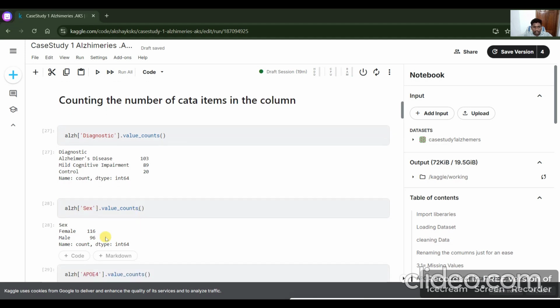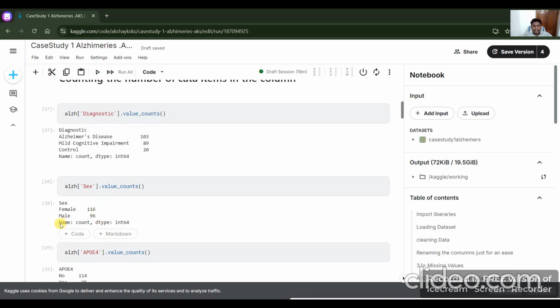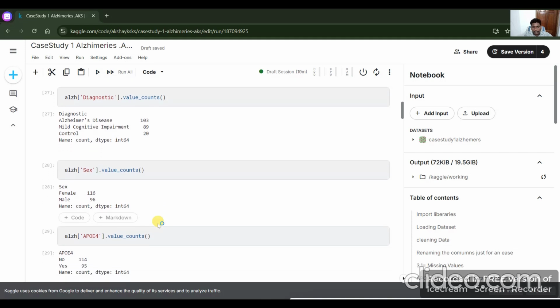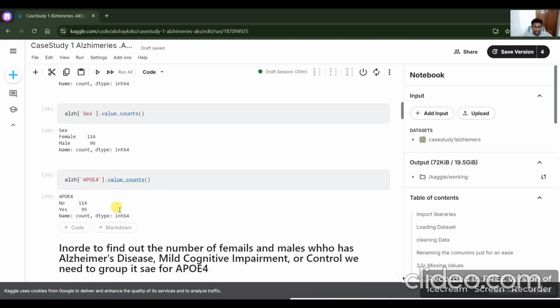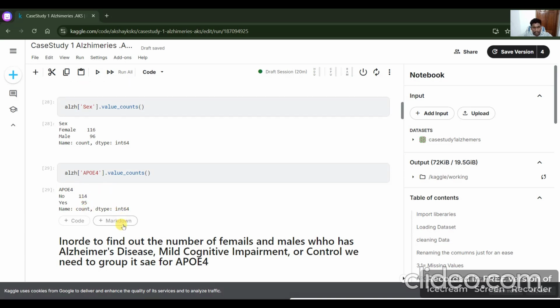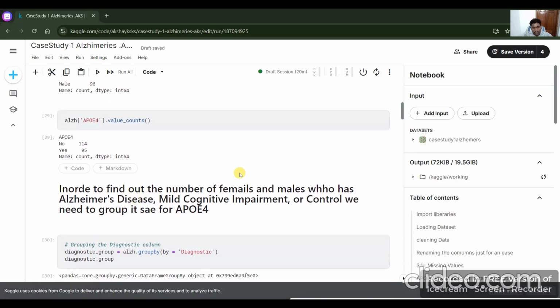Sex value count: female 116, male 96, data type is int64. And after that APOE4 value count: no 161, yes 51, data type is int64.